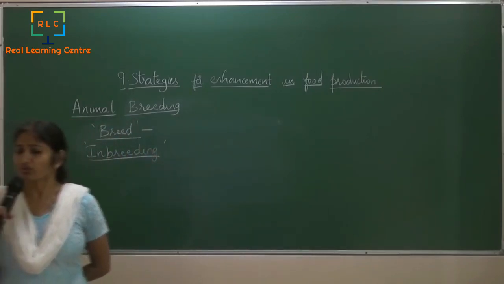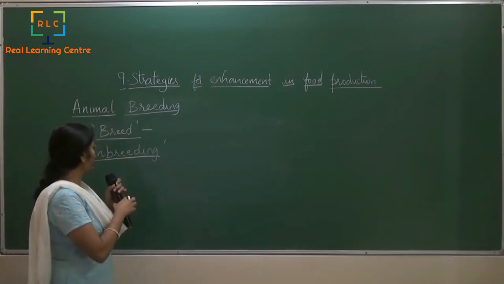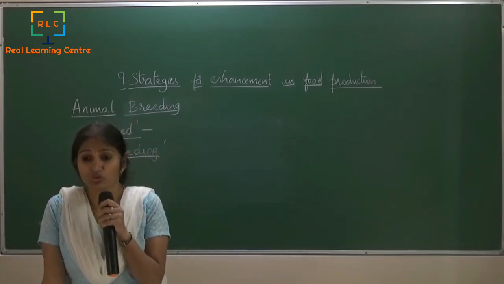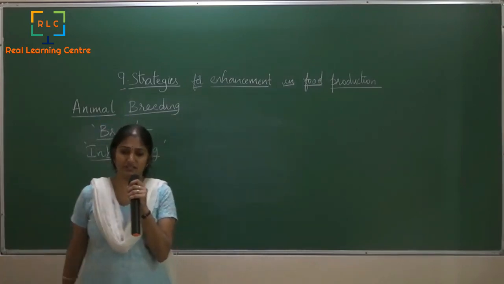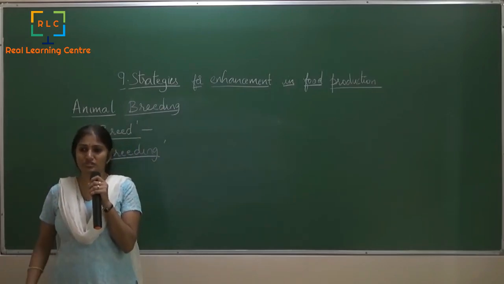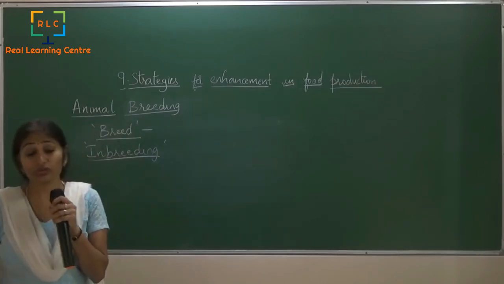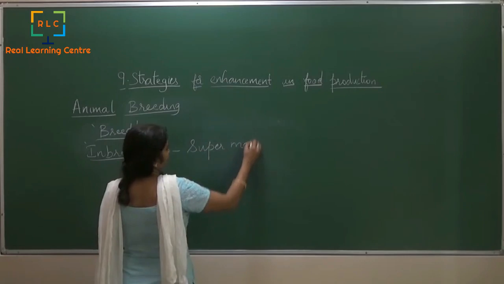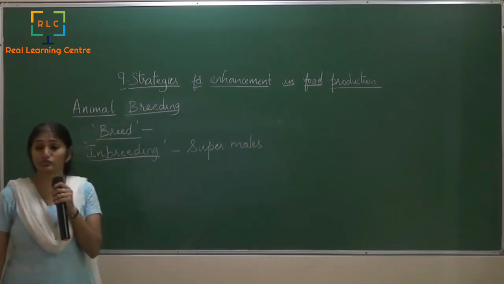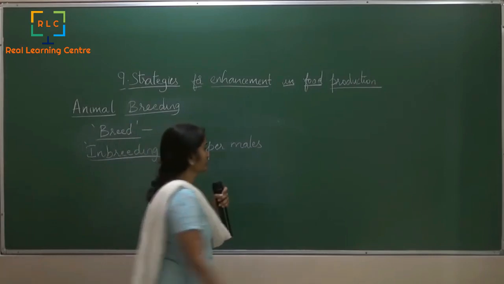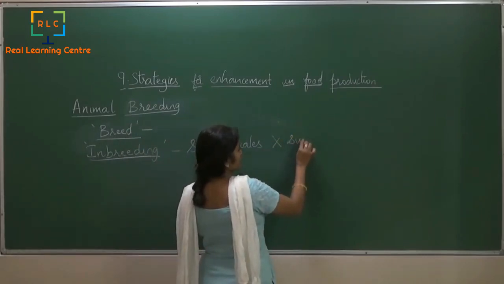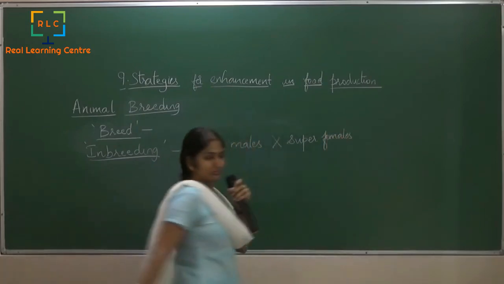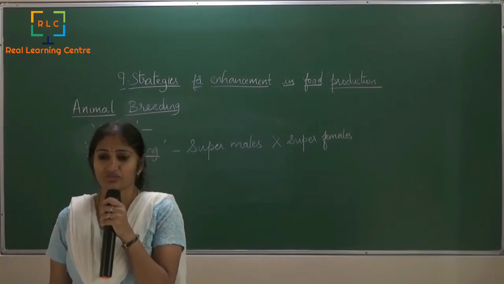Now what we do here is, in the case of inbreeding, we are going to select certain animals for breeding. Those animals which are selected for breeding purposes, we call them super males and super females. Please do not confuse this with the super males and females you have studied in genetics. These are the super males and the super females of the same breed.